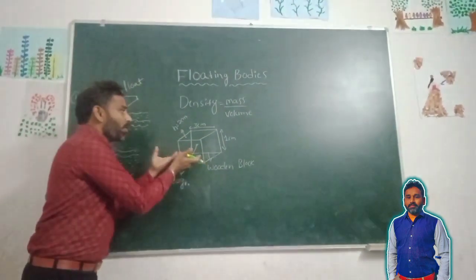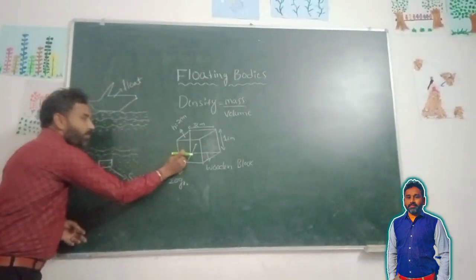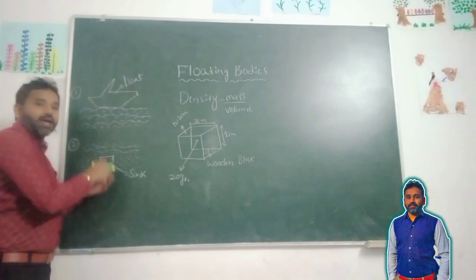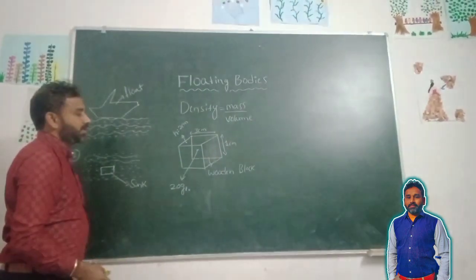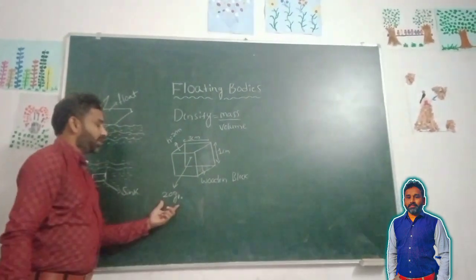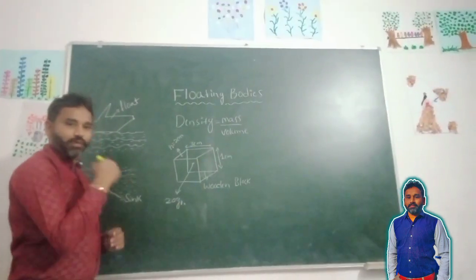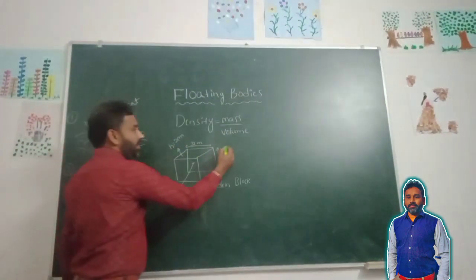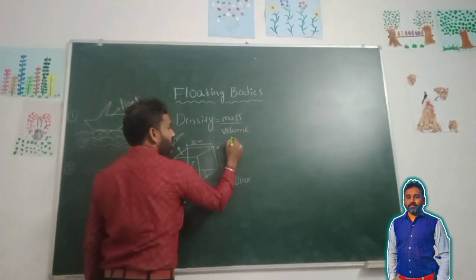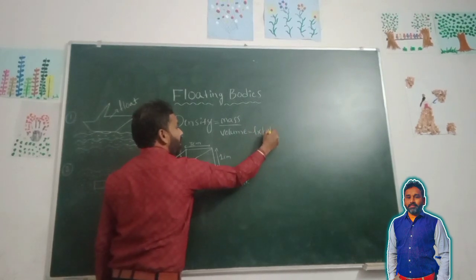Now I am taking this block and throwing it into the water. Does this block sink in the water or float on the water? We don't know. But we know the mass of the block, 20 grams. We don't know the volume of the block. First we want to find the volume. The volume formula is length into breadth into height.